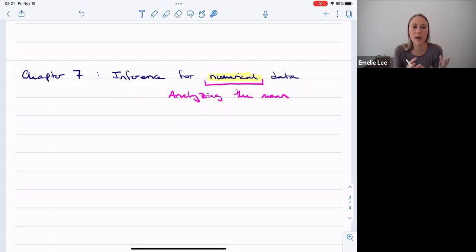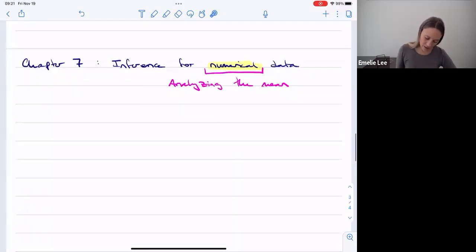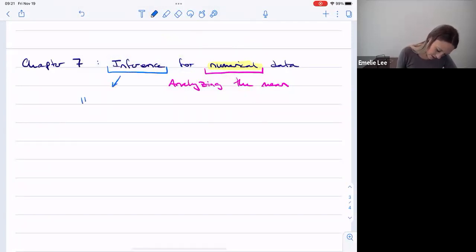We're still going to do that for the means, but we're also going to be able to build confidence intervals again, okay? And then of course, just as a reminder, inference is really just hypothesis testing and confidence intervals.